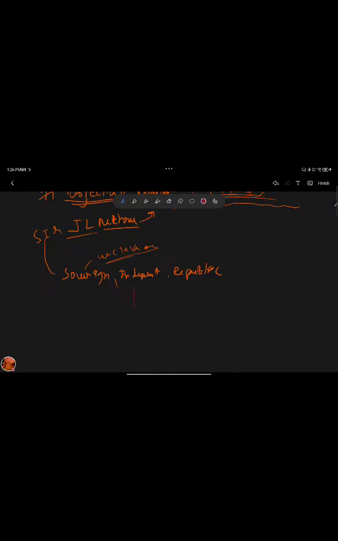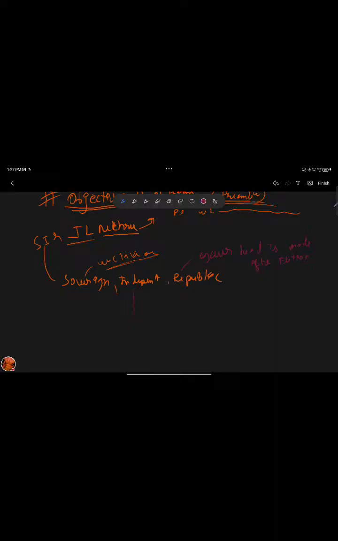And independent means you are independent. Republic means your head is made after elections, from election he is made the head. That is the whole republic meaning.